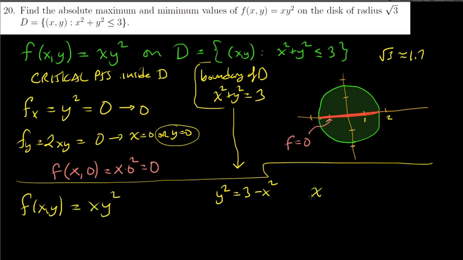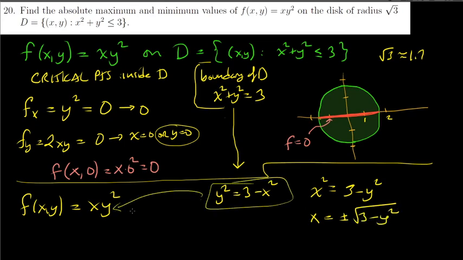If I solve for x, I would have to take the square root, in fact plus or minus the square root, which is a nuisance. But here, since I have y squared, I can just plug that in, and we get x times 3 minus x squared. So I've reduced it down to a function of just x. It doesn't matter what y is now.